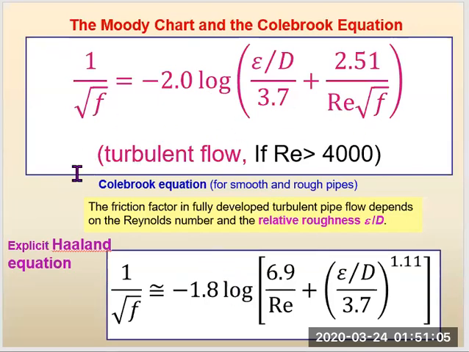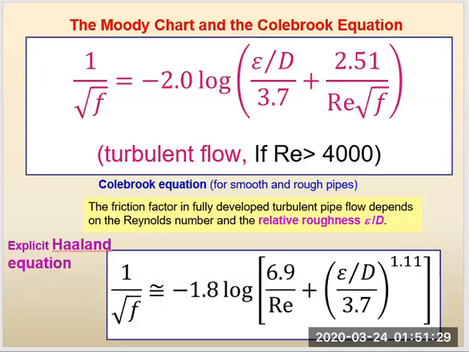We use these two, either one. For turbulent flow, we can use the Colebrook equation or the Haaland equation. This is easier to use. As I said, this is a very good approximation of the Colebrook equation. It's easier because we only have F on the left-hand side, so it's in explicit form.